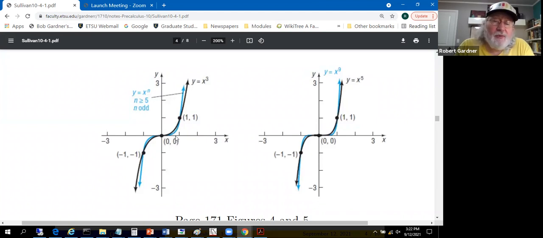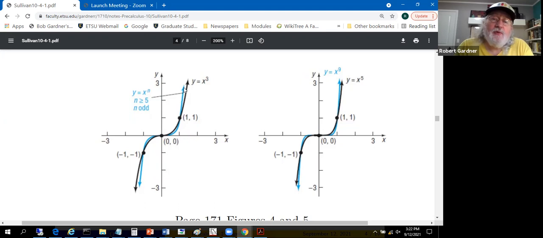We take a point somewhere around here for an x value. The blue graph has a point here that's closer to the x-axis than the corresponding x value produces for a point on the black curve, the y equals x cubed curve, closer to the x-axis. Beyond this, we get further.